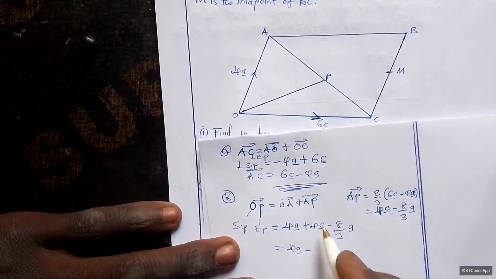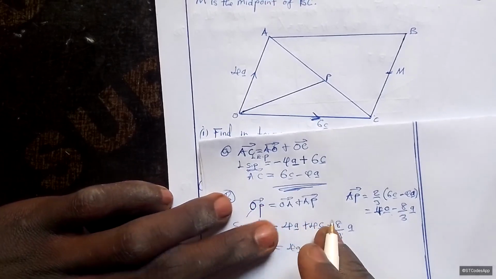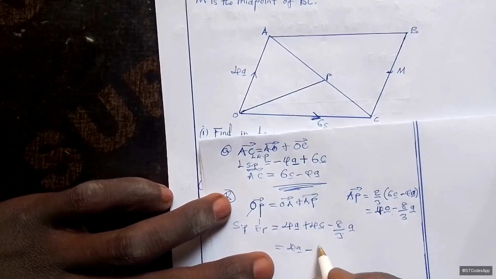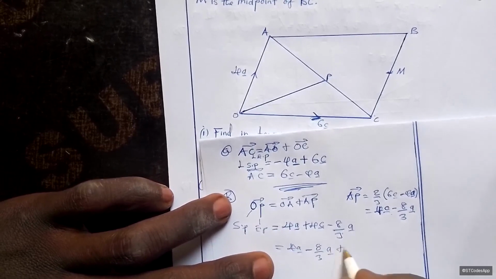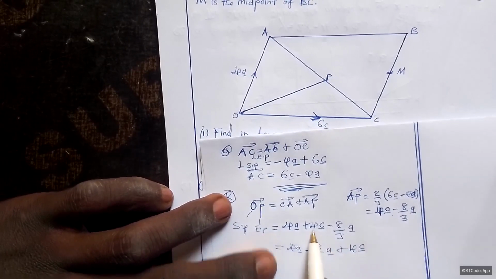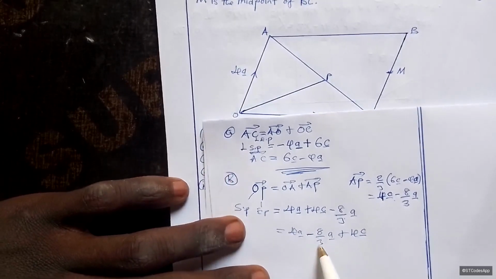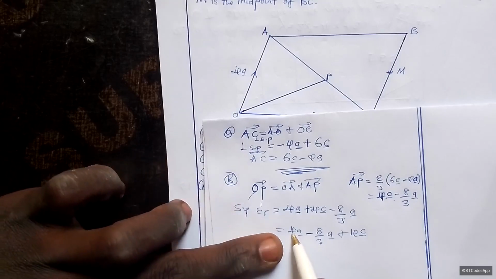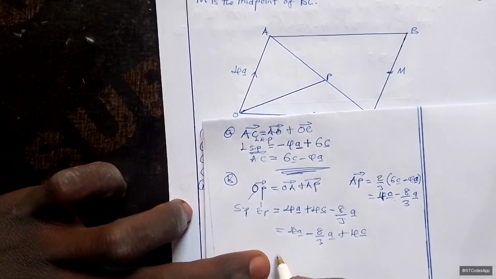Don't change the sign here, because on this side we don't have an equal sign. Now, 3 multiplied by 4 gives 12, and 12 minus 8 gives 4.